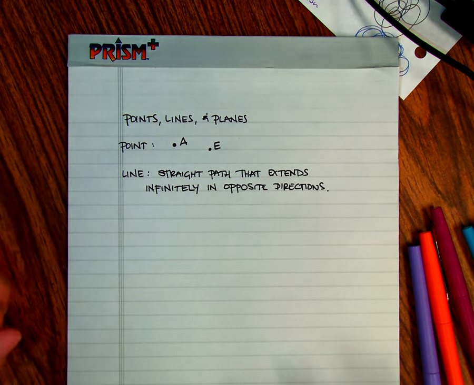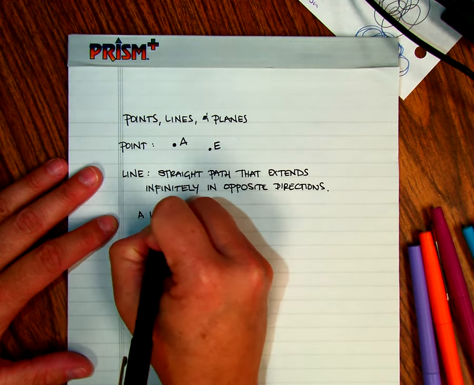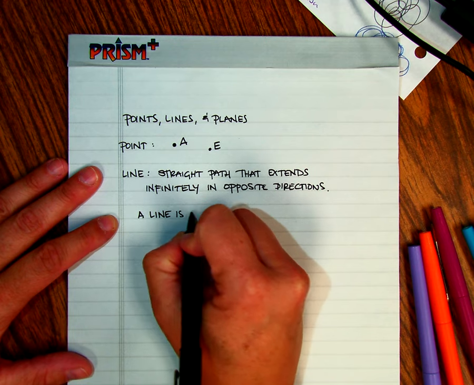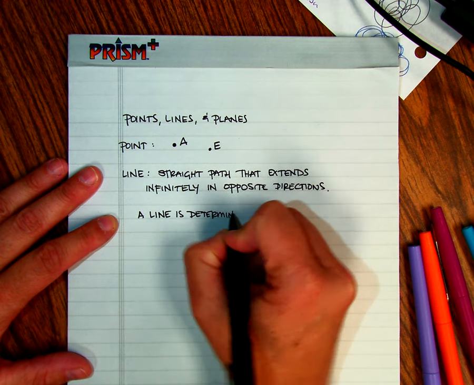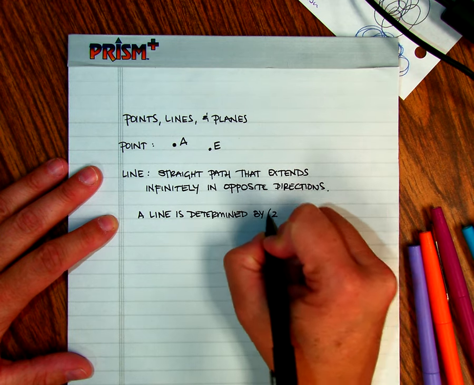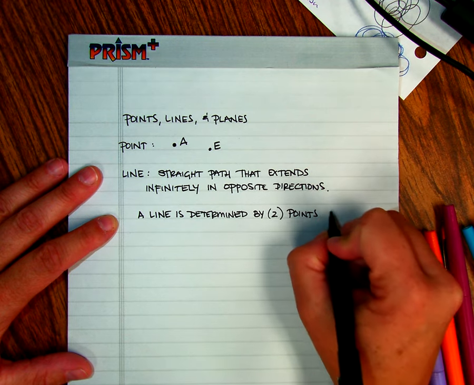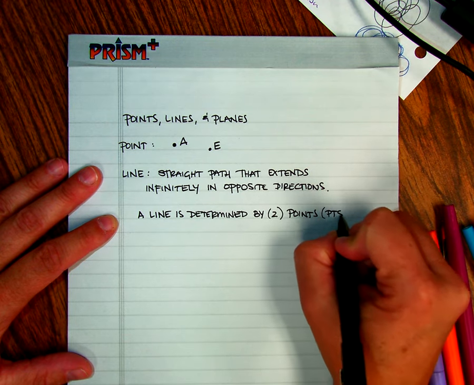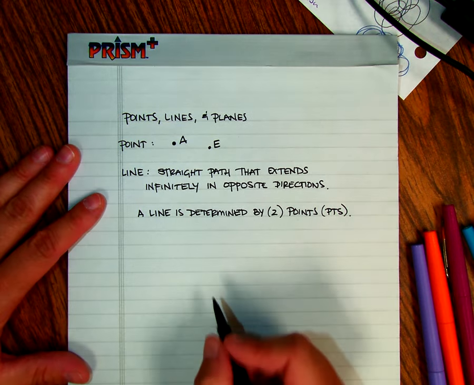Now, a line is determined by 2 points. A lot of times I'll abbreviate points PTS. So any line is determined by 2 points.